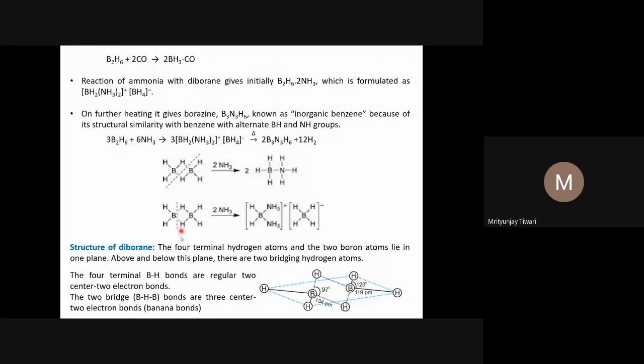Now we can see the cleavage of this bond also from this diborane. When it breaks from here, the two ammonia molecules will come at the place of two hydrogen atoms, and this will be BH4 minus. The two ammonia molecules will come to the two boron atoms, these two corners, so we see the NH3 formation.